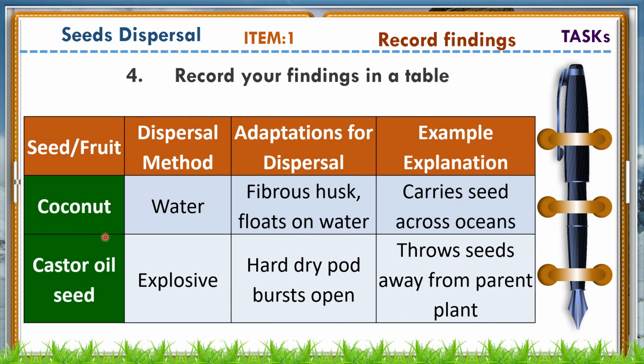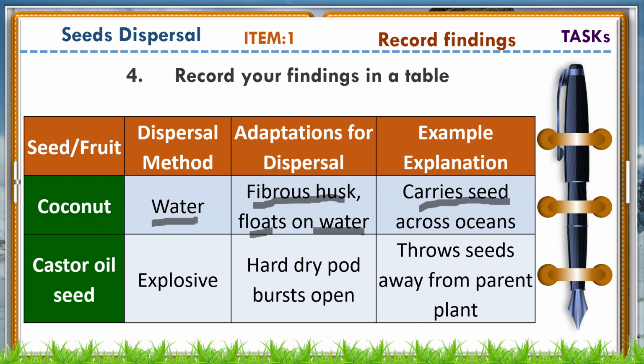Then we have coconut. Coconut is dispersed by water. And what adaptation? It has fibrous husks. It floats on water. How?